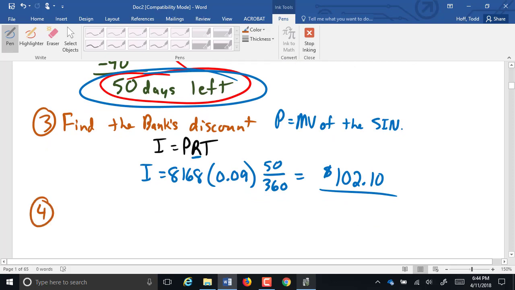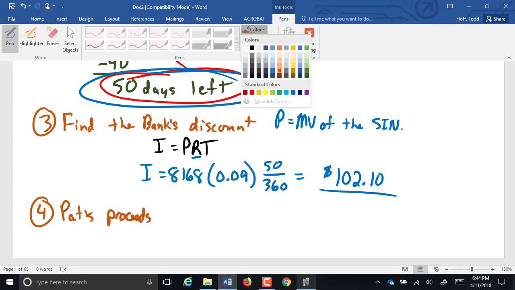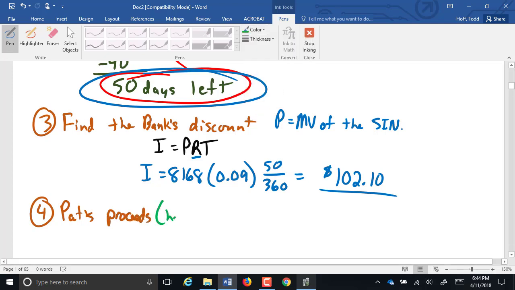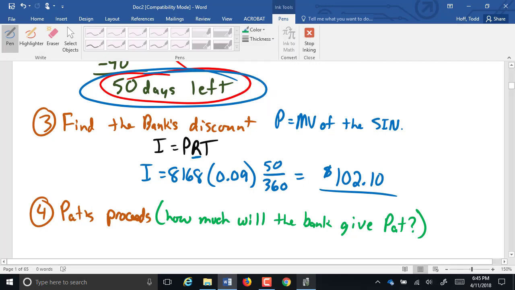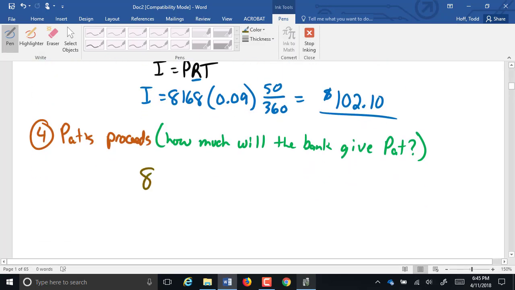Step 4. Pat's proceeds. In other words, how much is the bank going to give to Pat? So the bank takes that principal, $8,168.